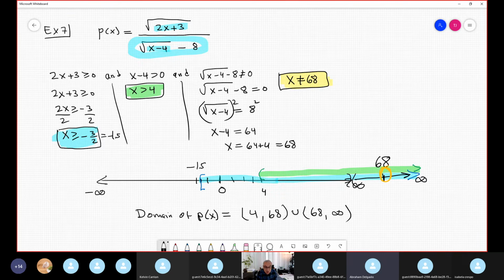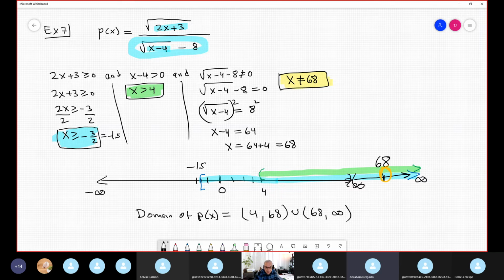Because remember, you need to satisfy every condition: the blue condition, green condition, and yellow condition. Entonces, what is the part que es intersection? What is the part that green and blue share? Es obvio. What is the problem?